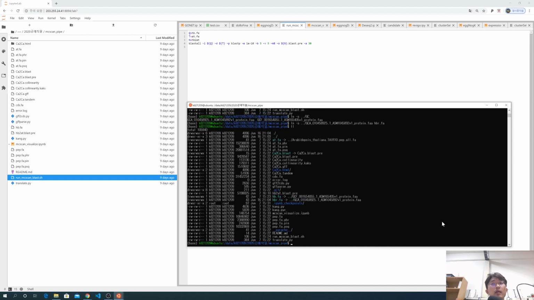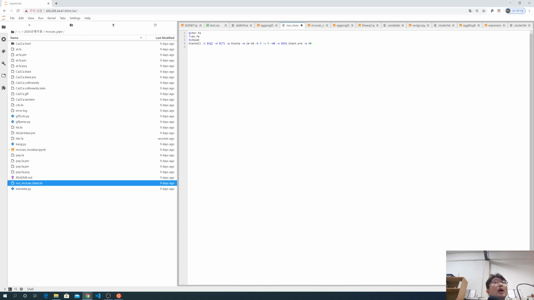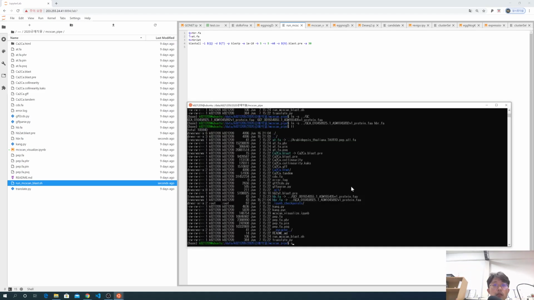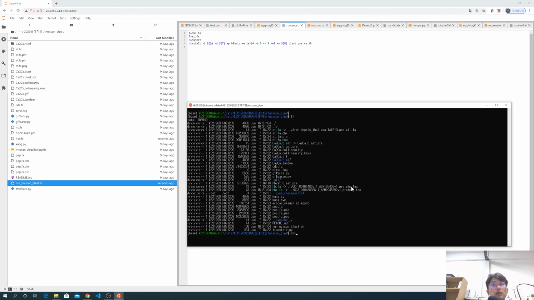Okay, so I will change this one to HBR. Then I will save it. And I'm using 30 cores for this BLAST. Run.